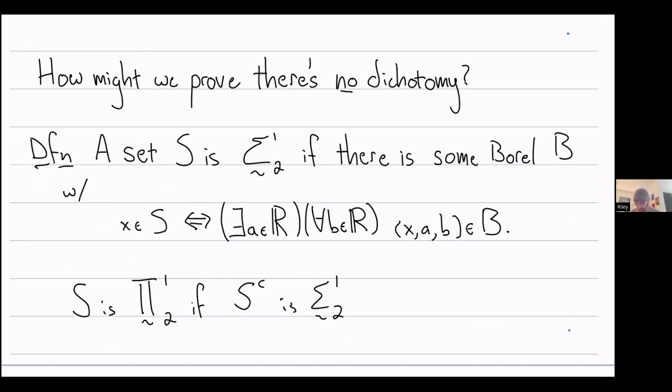So a set S, which you could think of as a set of reals or of codes for objects that you can code with reals, is Sigma^1_2 if you can write it as an existential quantifier followed by a universal quantifier over some Borel condition. And it's Pi^1_2 if it's the complement of a Sigma^1_2 set, so equivalently a universal followed by an existential quantifier over a Borel condition. Those are some examples.